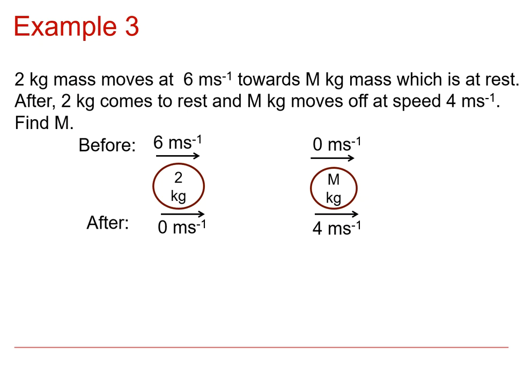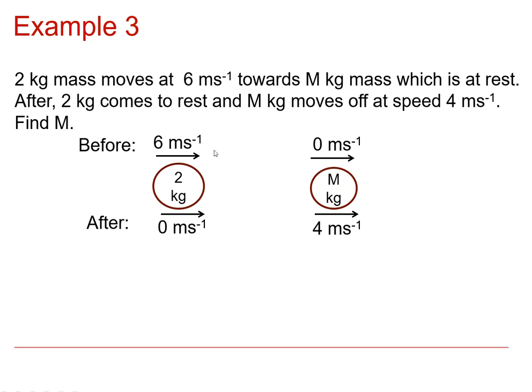After the collision, it's this mass here which has come to rest, and this mass is moving with a speed of 4 meters per second. And we need to see if we can use that information alone to work out what this unknown mass is. So we'll just start in the same way as we always have, by writing down the initial total momentum.